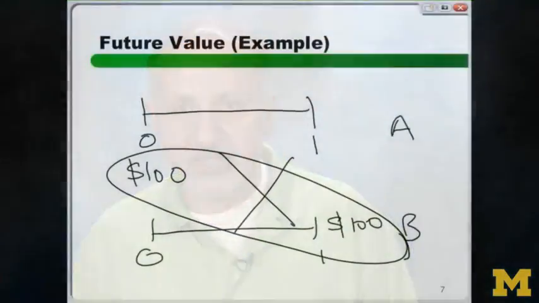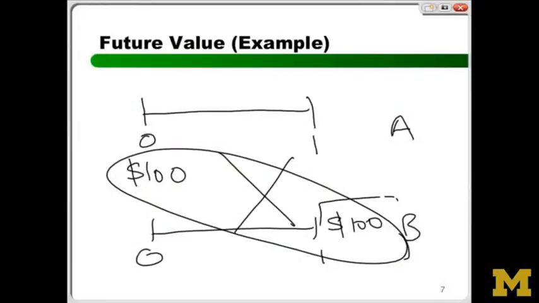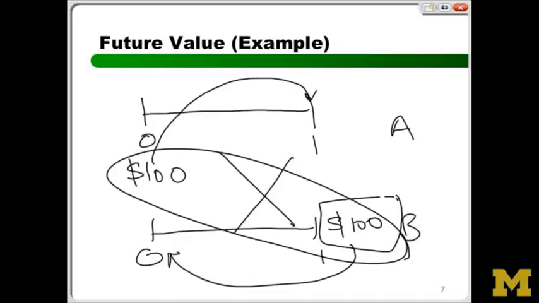We know that this is already in the future. So the question is, I cannot compare this to this at time 0, but what can I do? I can either bring this back to time 0, or carry this forward to the future.